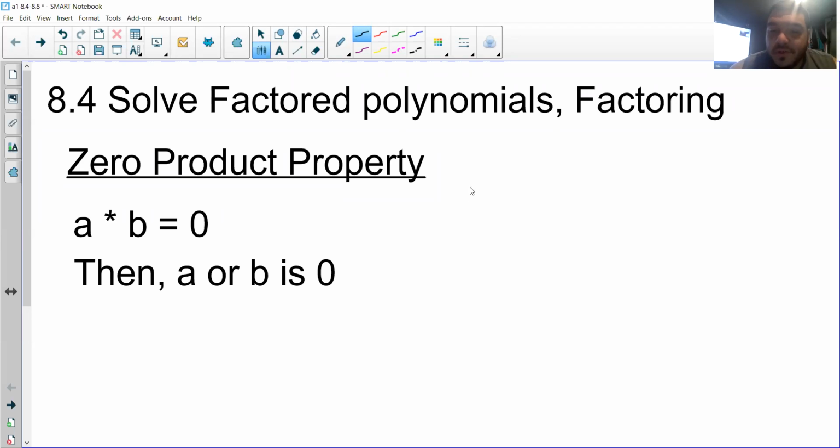Let's say we have a situation like this. X times (X plus 3). I'll put this in parentheses to indicate it's its own thing. So X times (X plus 3) equals 0.